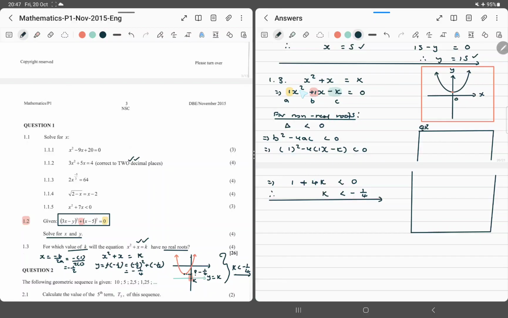Now when we complete the square on x squared plus x minus k equal to 0, we take the x term, we take the original sign between the two terms, and then we take half of that, which we then square, and then we have our constant, and we immediately subtract a half squared.